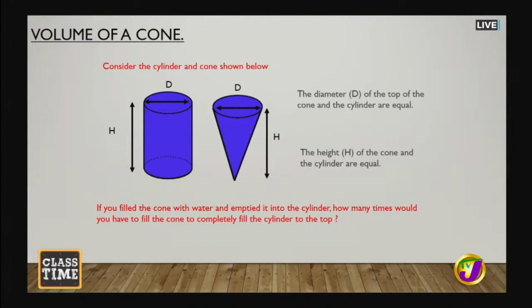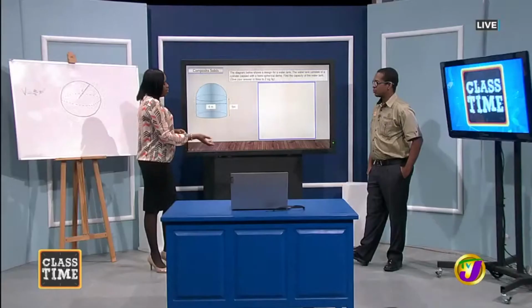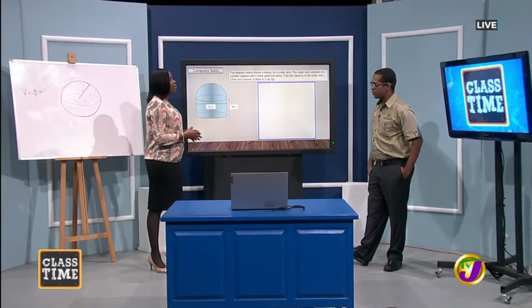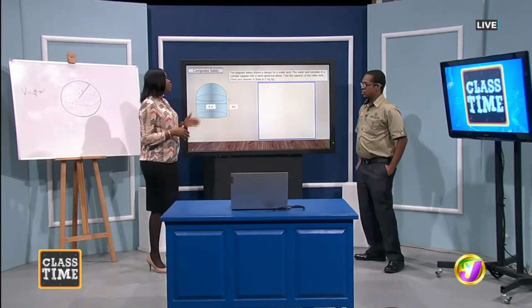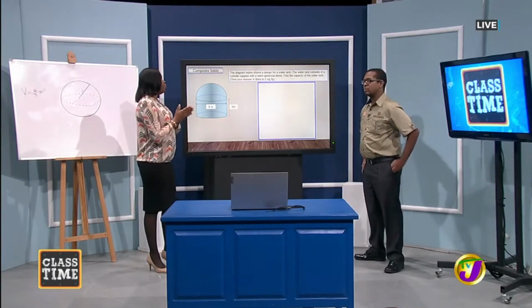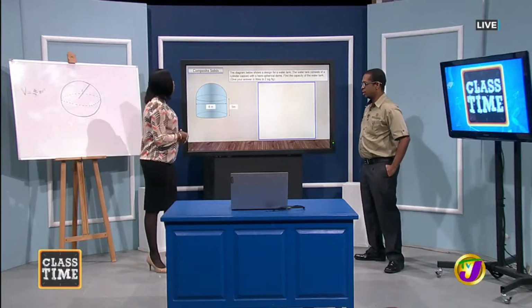For the cone, the associated prism would be the cylinder. And for the square base pyramid, it would be a rectangular prism. So the volume of the cone would be 1/3 that of its associated prism.